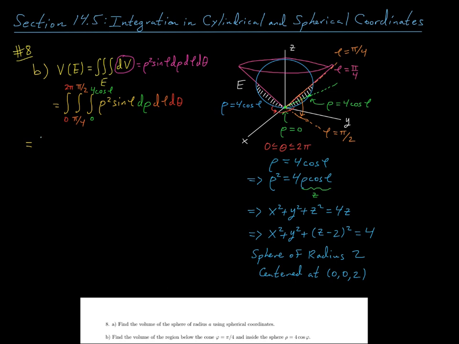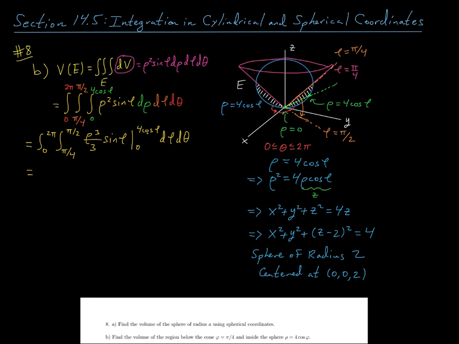Sine phi is held constant. So we get 0 to 2 pi, and then pi over 4 to pi over 2, and then we're going to get a rho cubed over 3 sine phi, and then we're going to evaluate from 0 to 4 cos phi, and then we have our d phi d theta.